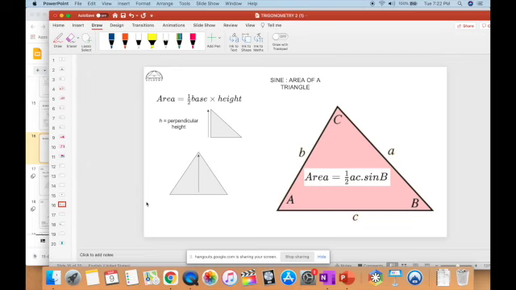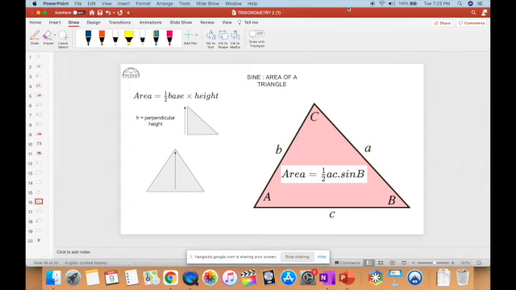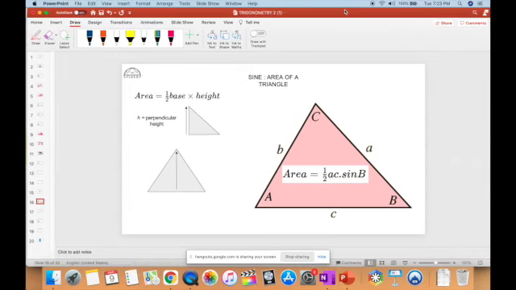I haven't actually ever seen it in a CSEC question. I can't remember if it's in the formula sheet or not. No sine and cosine rules are in the formula sheet. I can't remember if this one is. However, it is on the syllabus. It is in the curriculum. So you do have to know it just in case, right? And this is the area of a triangle.